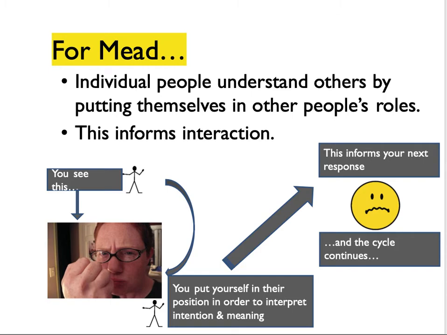The shaking fist is the symbol, and this has a variety of possible meanings. To understand what is going on, Mead says that as humans, we must interpret the meaning of this symbol. Is this person planning on giving you a knuckle sandwich? Or is this just a little horseplay? By putting ourselves in the other person's position, we interpret their behaviour and then choose how to respond.